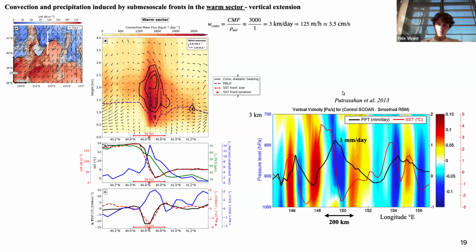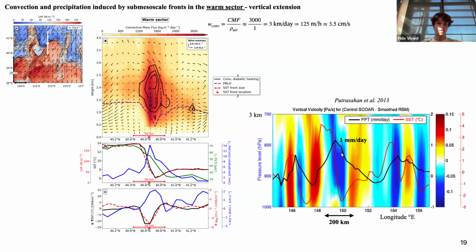This analysis was performed by Putrasahan et al. They used a coupled model at 25 kilometers resolution, so they resolve mesoscale anomalies. You can see in red the sea surface temperature, so mesoscale anomalies. Above gradients, we observe anomalies in vertical velocities. It's in pressure coordinates, so negative corresponds to upward motion.